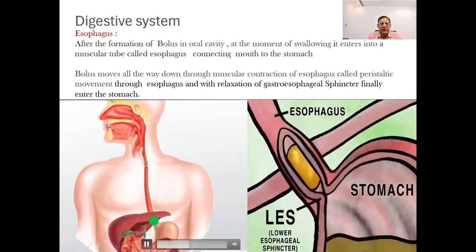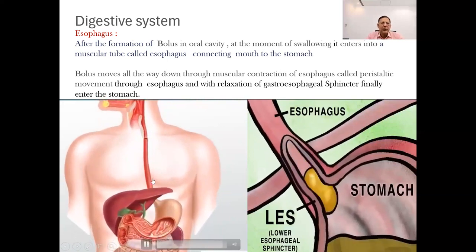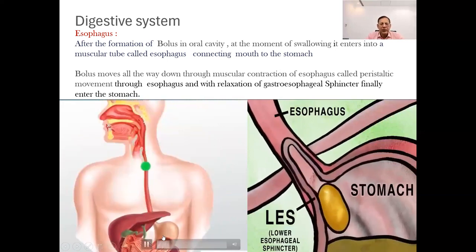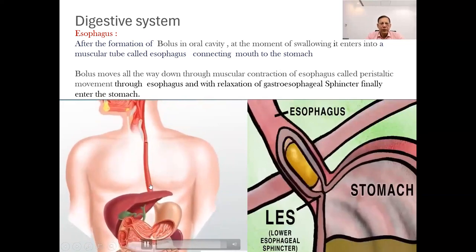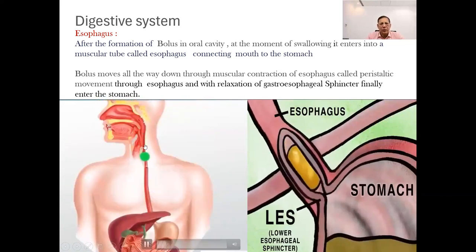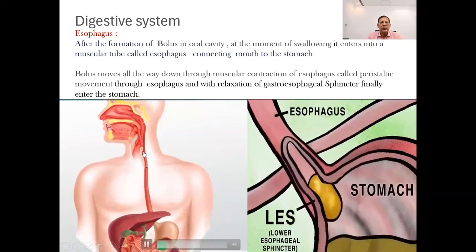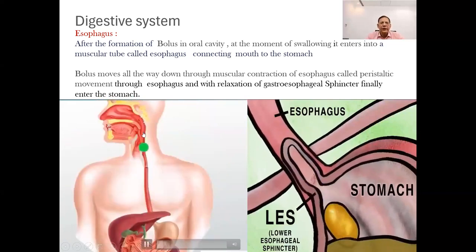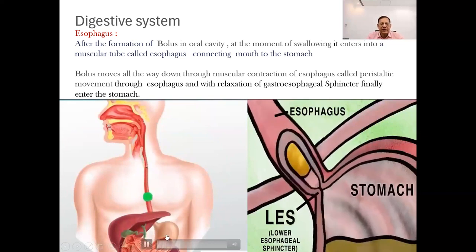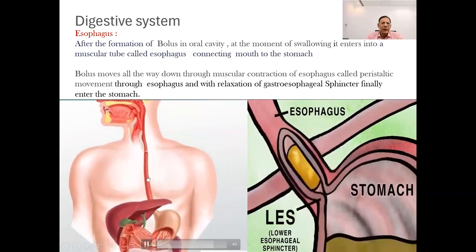Peristalsis allows for one-way movement, that is, it allows the passage of this bolus towards the stomach. The peristaltic movement will not occur in the direction going back from the stomach into the oral cavity. So the peristaltic movements are unidirectional. They are continuously propelling the food from the esophagus to the stomach, stomach to the small intestine, and then the large intestine, and so on.